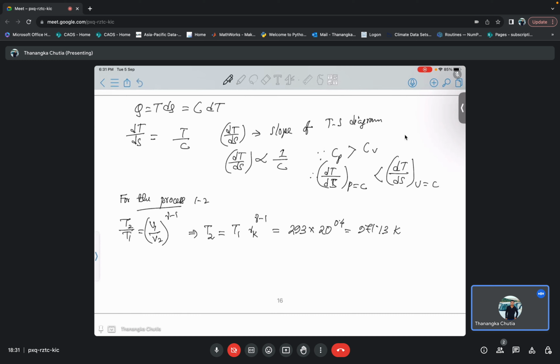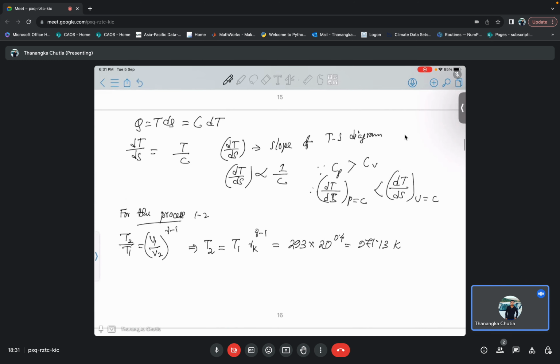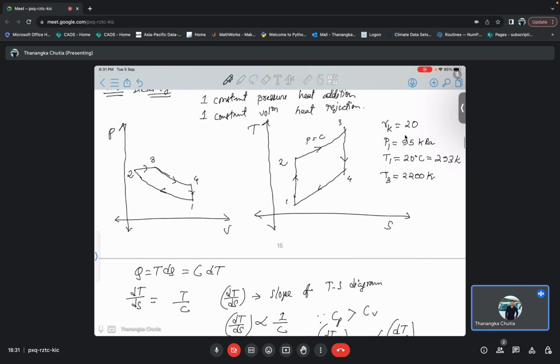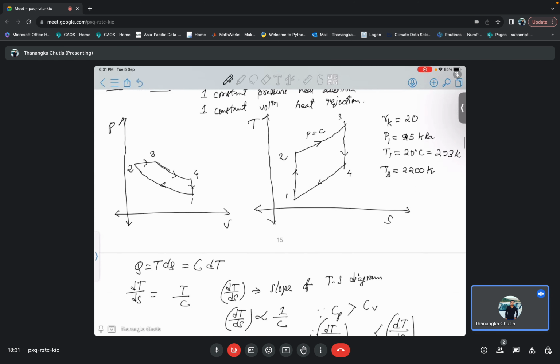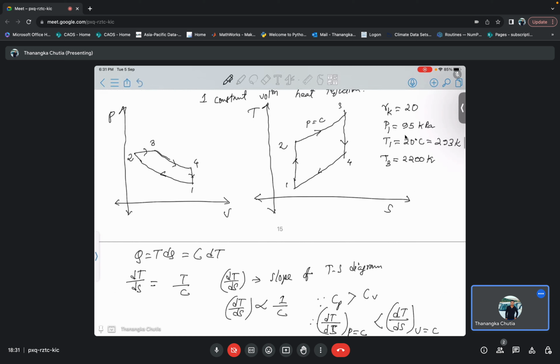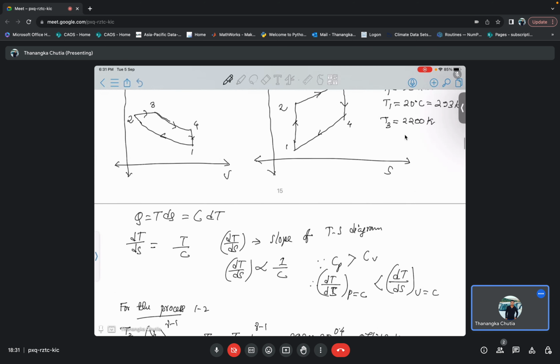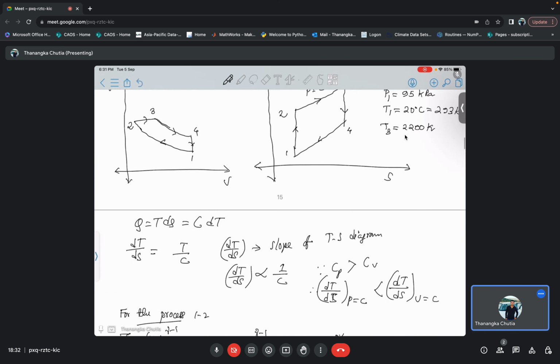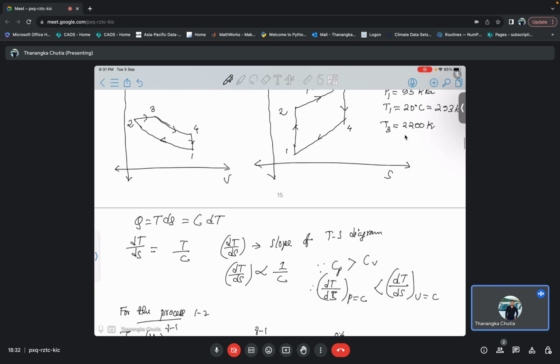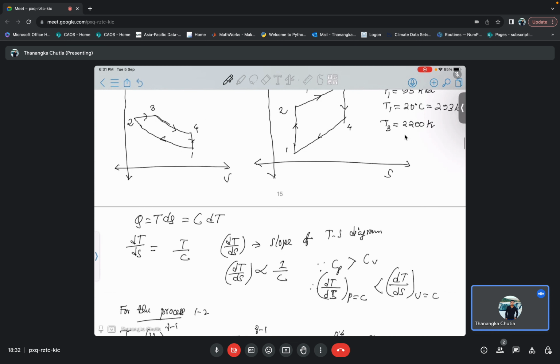We have got T1, we have got T2, we have got T3. Now we just need to calculate T4. So how will we calculate T4? Any idea? Because in the earlier case your V4 was equal to V1 and V3 was equal to V2, but here this is not the case.